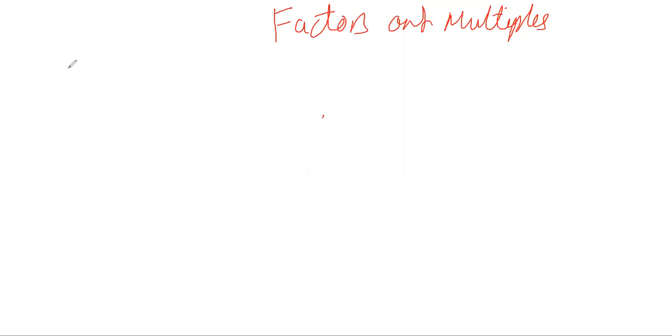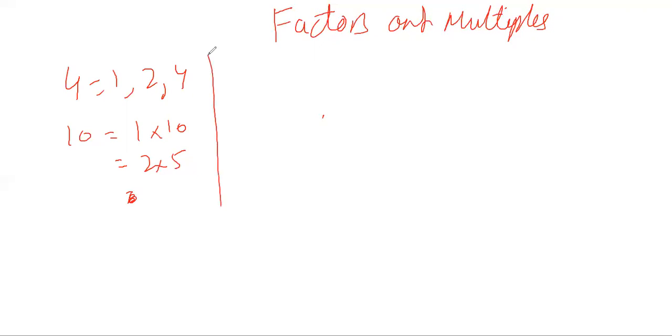For example, the factors of 4 are 1, 2, 4. The factors for 10 are 1 into 10, 2 into 5. So these are the factors. Now composite numbers are those numbers, everybody write it down.